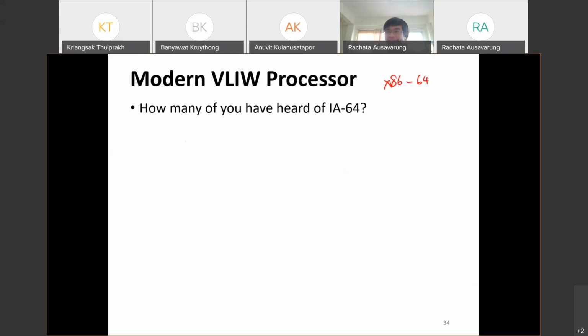The x86-64 is actually called AMD64. Do you know that the one you use for both Intel and AMD processors is the ISA coming from AMD? Anyone know that? Or is this the first time you heard about it? I just want some response from you guys to realize whether you're here or not.